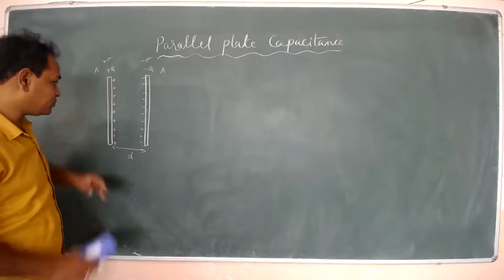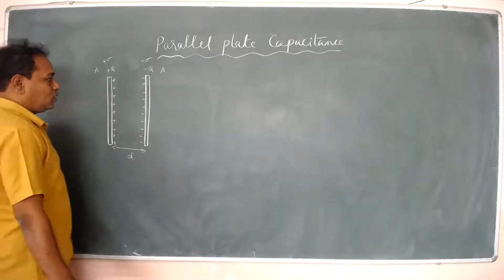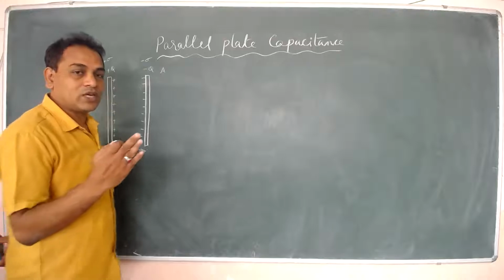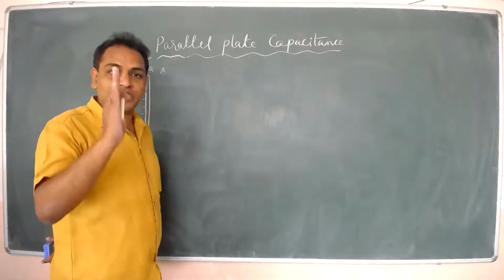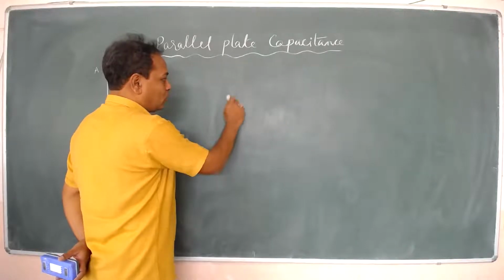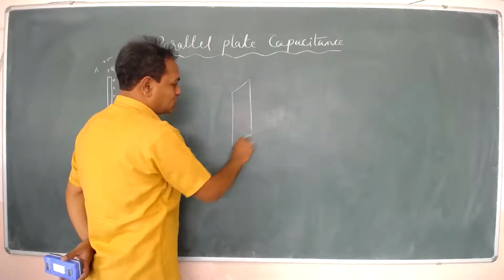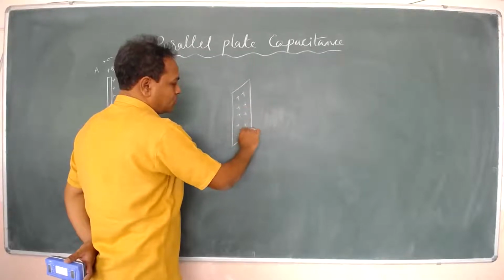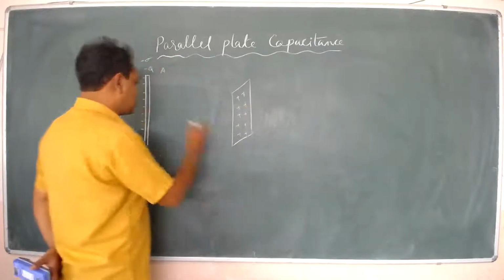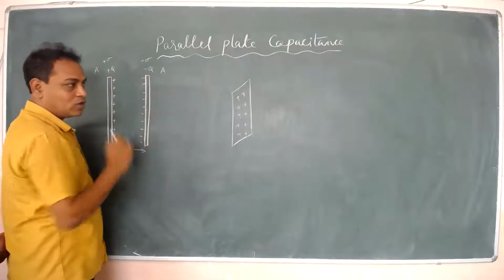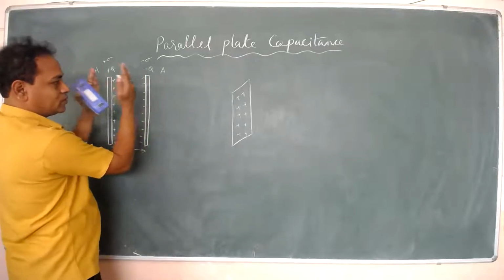How much capacitance it has to store electric charge and electrical energy. So we are going to calculate the capacitance of this capacitor. For that, as we have learned in the case of an infinite plane sheet, we have taken an infinite plane sheet like this. This is also like that, an infinite plane sheet. So here two sheets are taken like this.